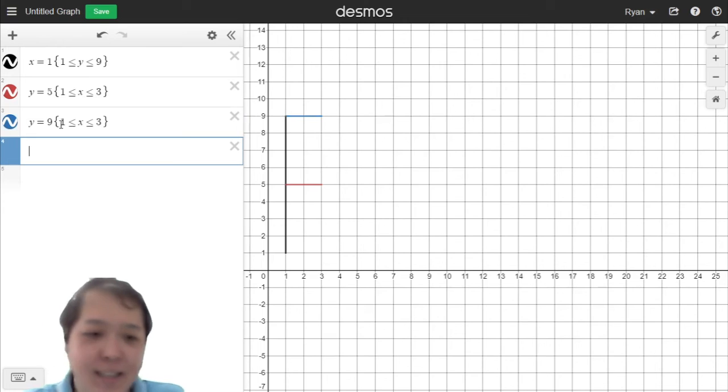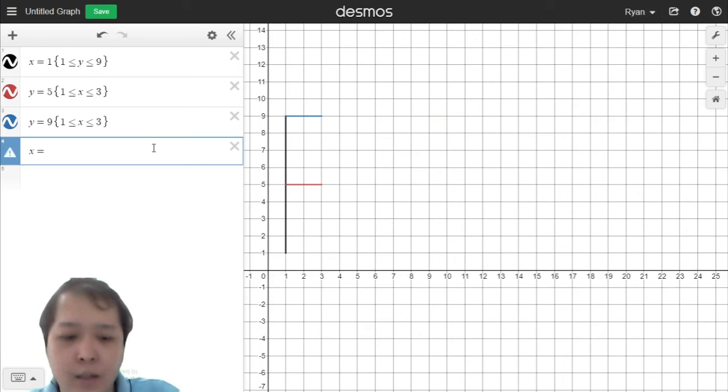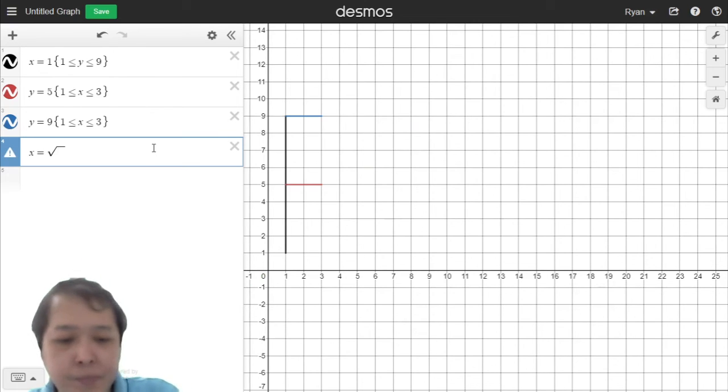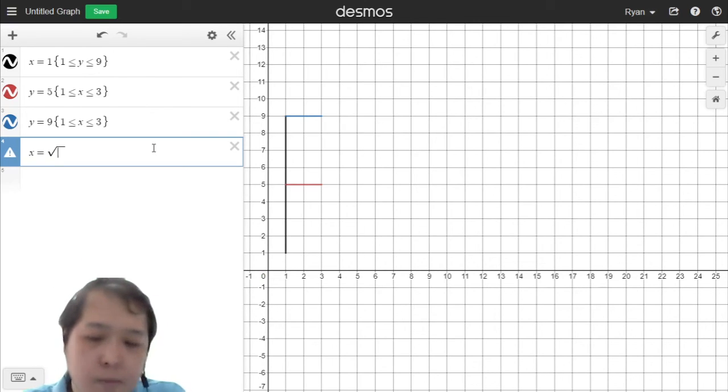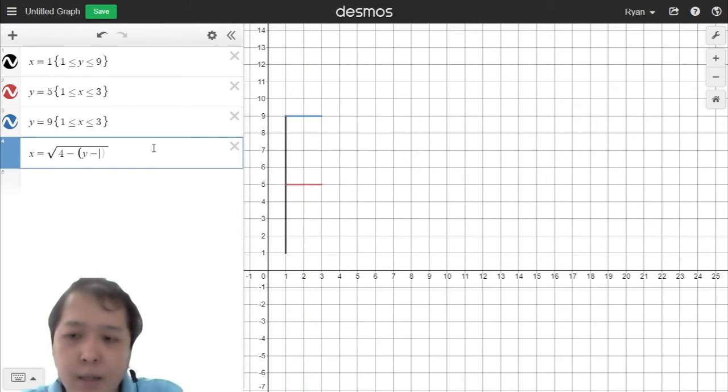Yeah. And then the circle, oh my god, it's going to be fun yet challenging. The right part, the right semicircle, must be in function form. Square root, I'm typing SQRT, and the radius is 2, so it's 4 minus bracket y minus the center.